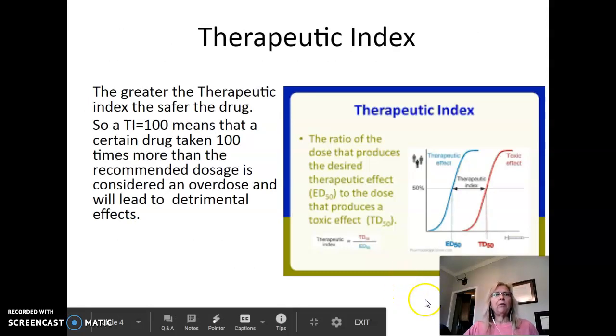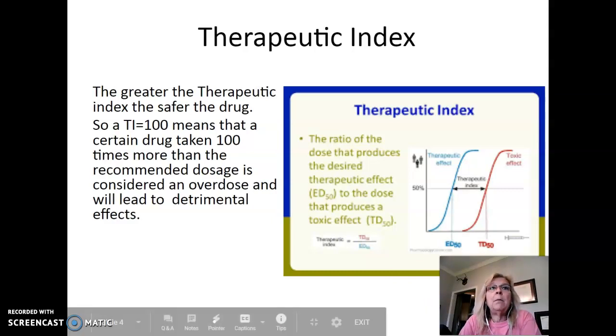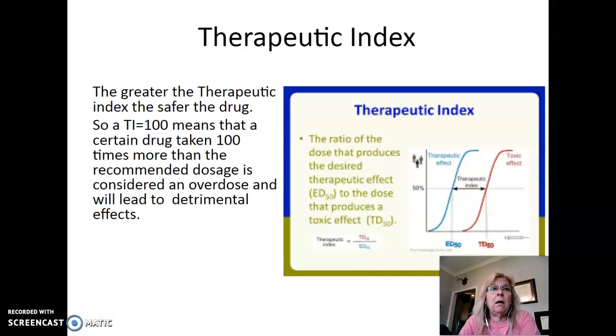Okay, so what we're referring to is something called the therapeutic index. The therapeutic index is a way to compare the effect, as in the helpful effect of the drug, versus the toxic effect of the drug. And so you can see in this graph we have two lines, one representing where 50% of the people are given the therapy or experience the therapeutic effect, and then another line that shows where 50% of people experience a toxic effect.